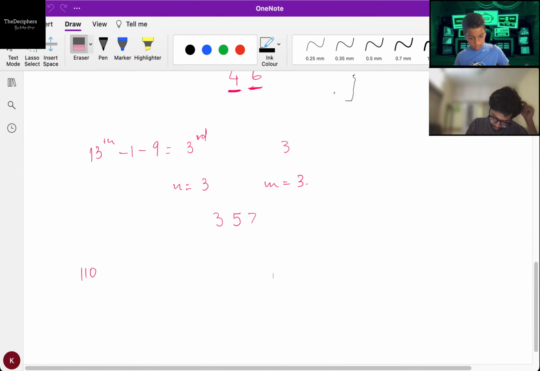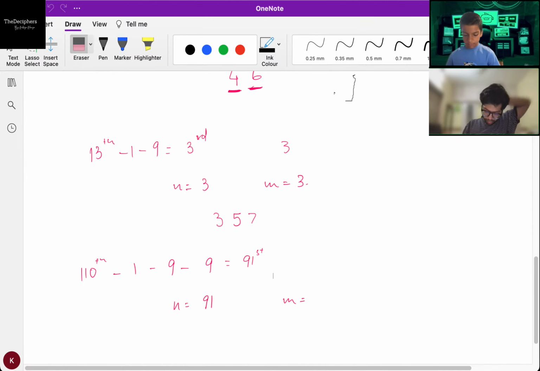First we can reduce 1, we can reduce 9, we can reduce 9. So we know that it's a 4-digit number here. Is that right? Yeah. I think. Yeah, so we have to generate the 91st.